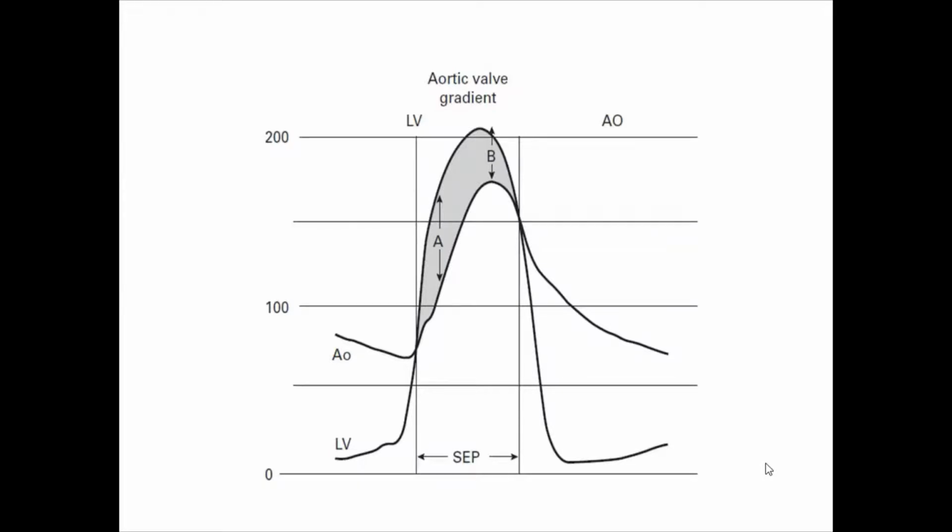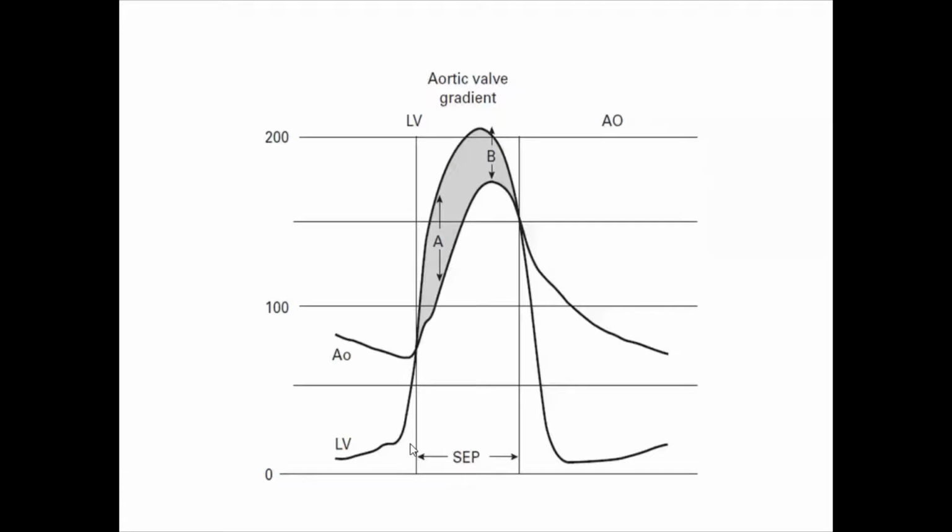The systolic LV pressure is 200, and the diastolic is about 40. If this is 0 and this is 100, then this is 50, so this is around maybe 20 or 15.